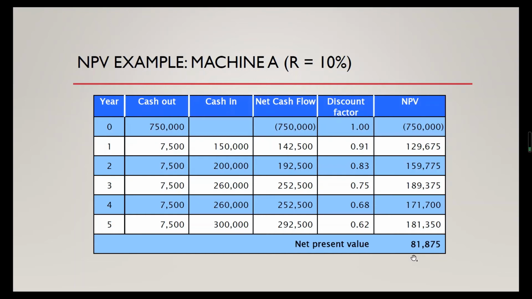This 81.875 thousand is the answer that we got from the previous video. Since the net present value of machine B is bigger than the net present value of machine A, we conclude that machine B is a better investment in terms of the net present value method.